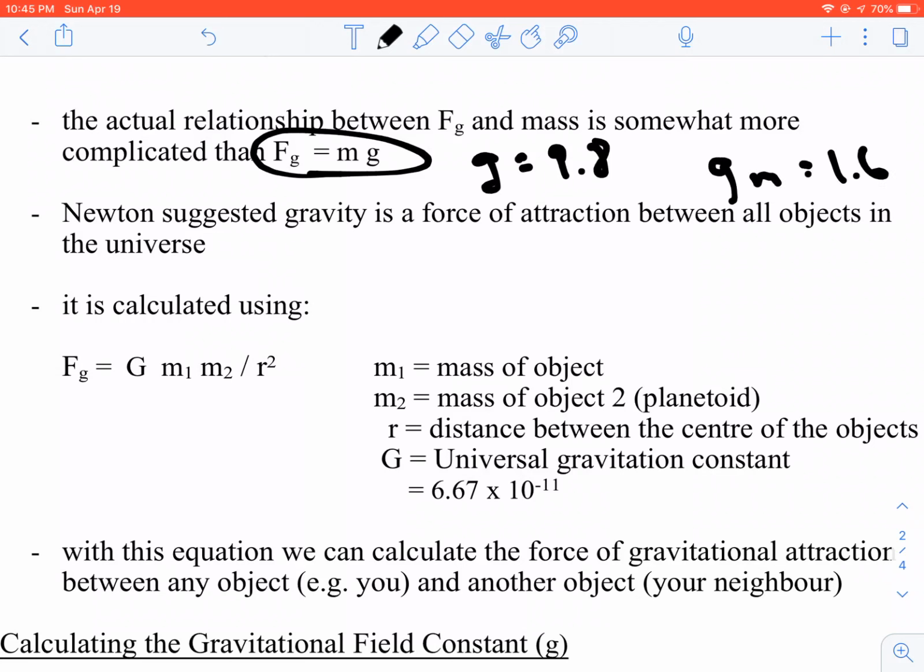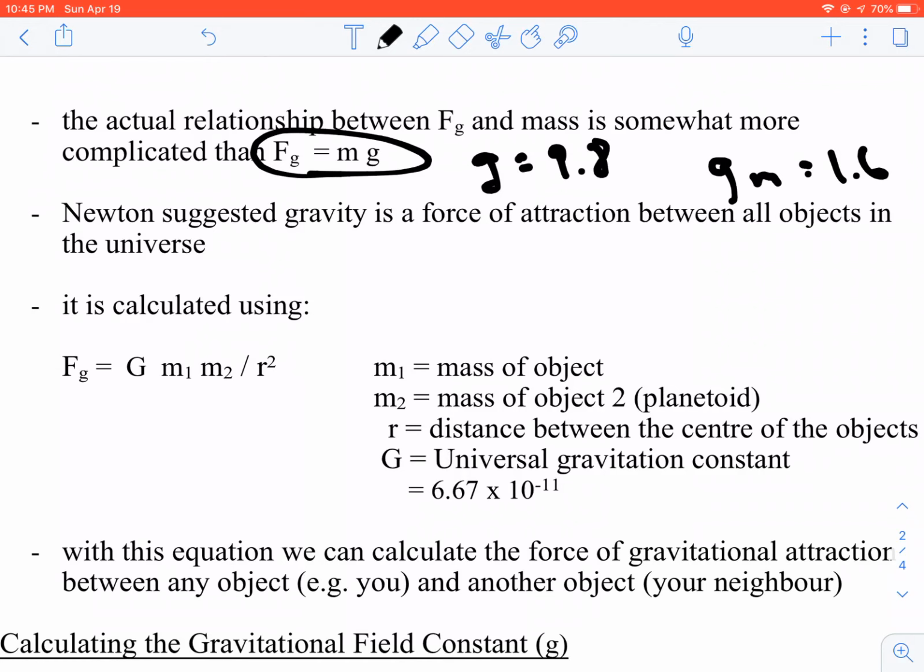And if you were standing on Mars, it would be something different. If you were standing on Venus, it would be something different. If you were standing on the surface of the sun, it might be a little toasty, but it would be something different. So recognize that little g is a number that depends on where you are in the universe.